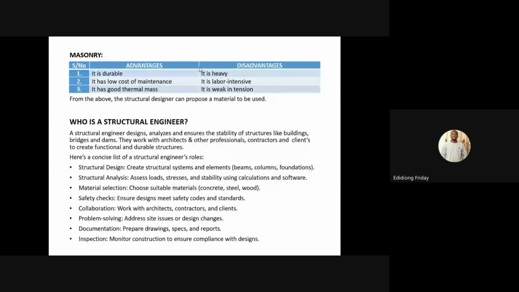With these advantages and disadvantages of the key structural materials, you can have a fair idea of what structural material to use for your design.